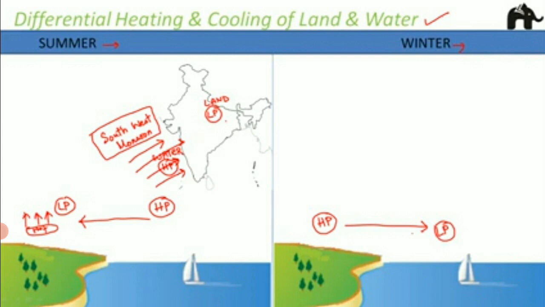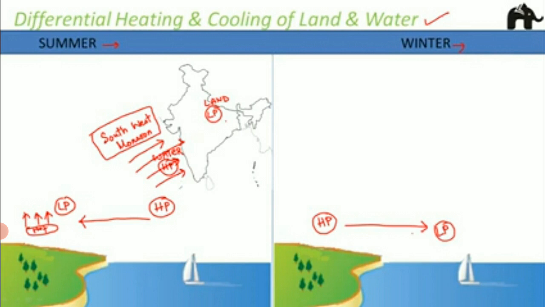So children, as you know the properties of land and water: the land heats up quickly and cools down quickly, whereas water heats up slowly and cools down slowly. Because of these properties, during the summer season, the southwest monsoon winds go towards the north.